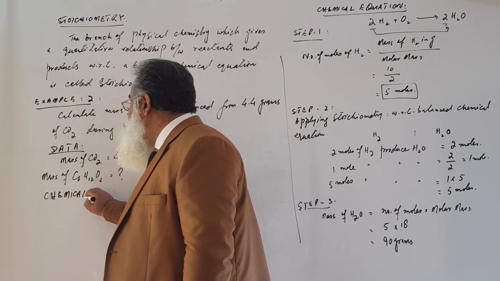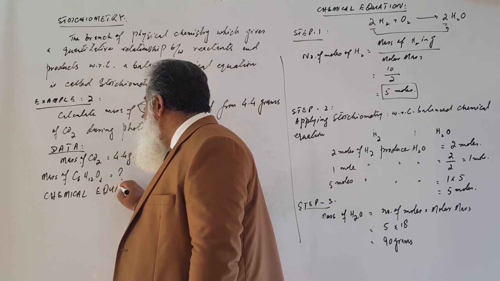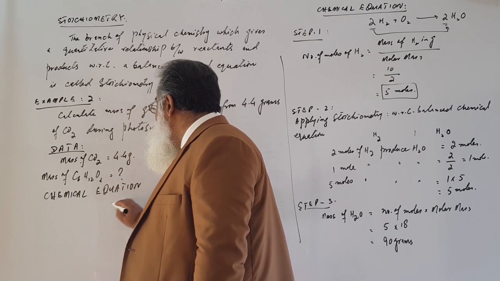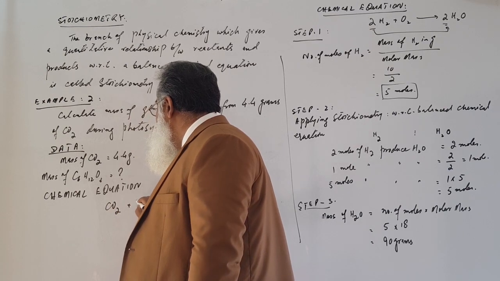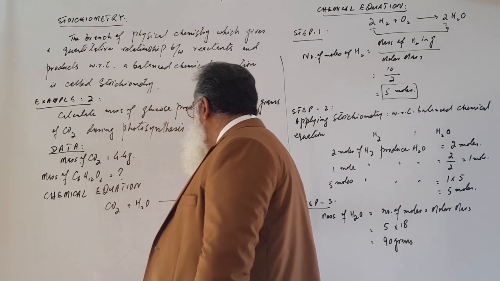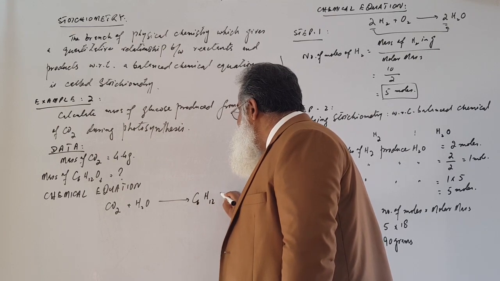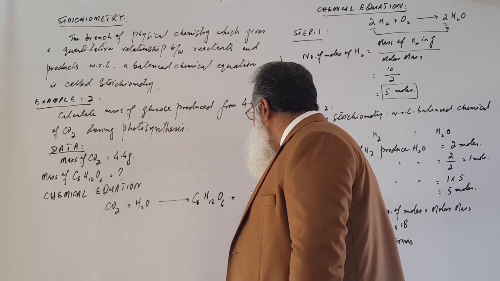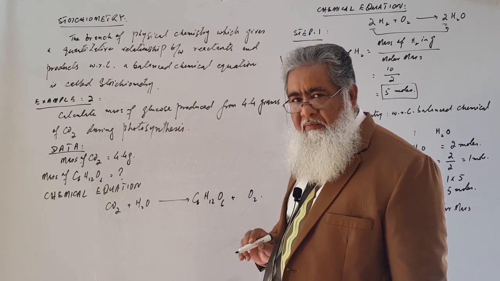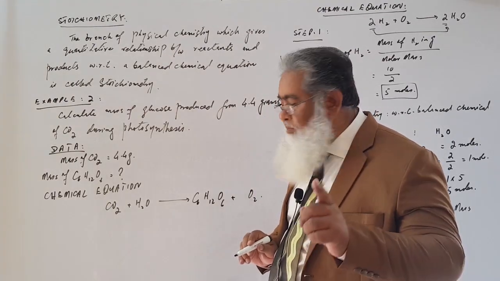Now, with respect to the chemical equation for this numerical, carbon dioxide plus water produce glucose, C6H12O6, plus oxygen. The equation must be balanced.